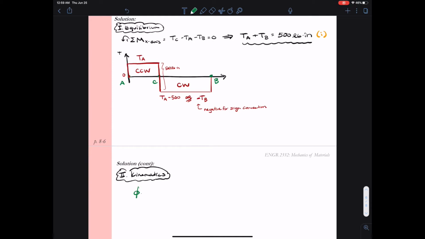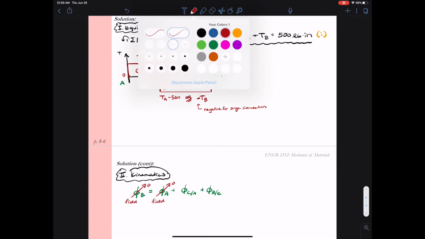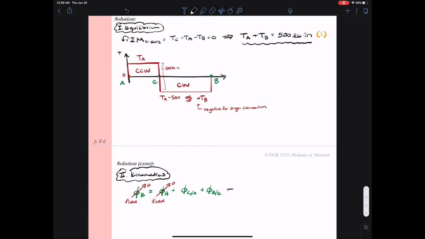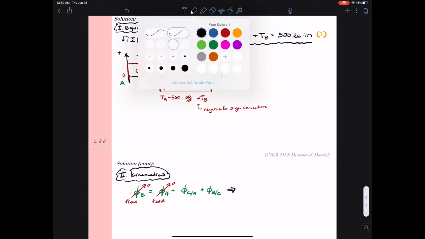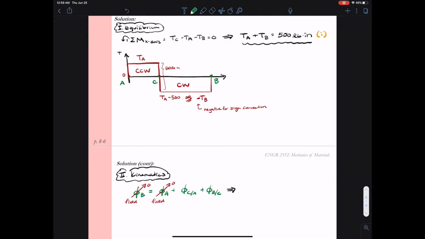We saw previously in our notes that we are able to determine the angle of twist at B as the angle of twist at A plus phi of point C relative to point A plus phi of point B relative to point C. But because both A and B are fixed in this case, those angles of twist go to 0. And so therefore, the angle of twist on segment AC has to be equal to the magnitude of the angle of twist on segment BC.